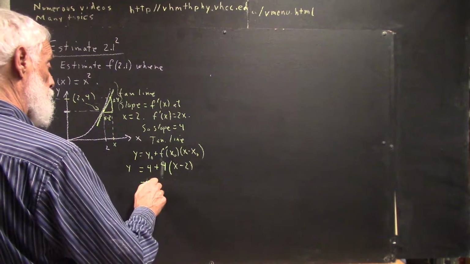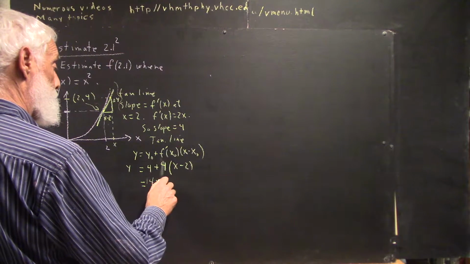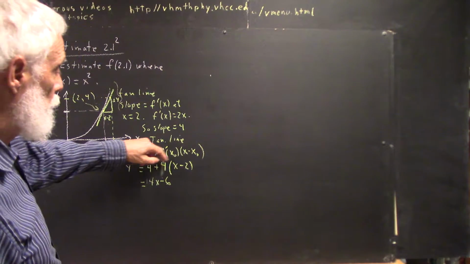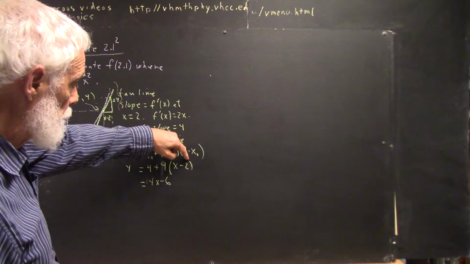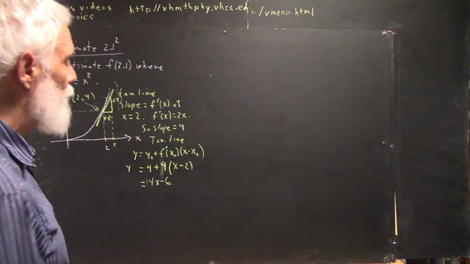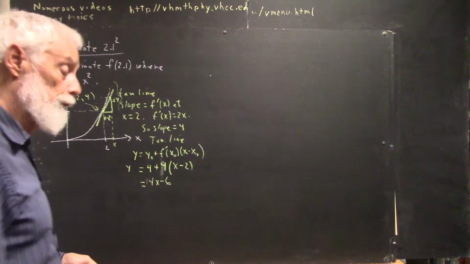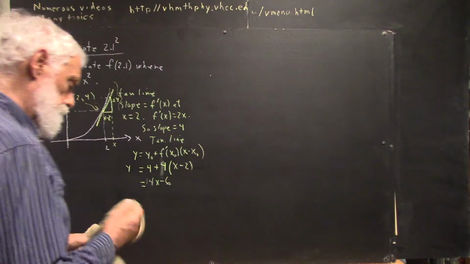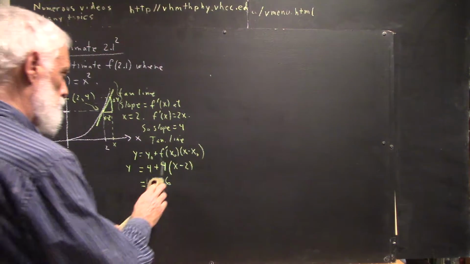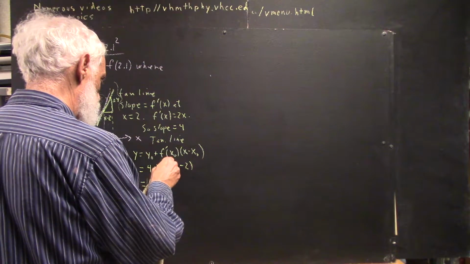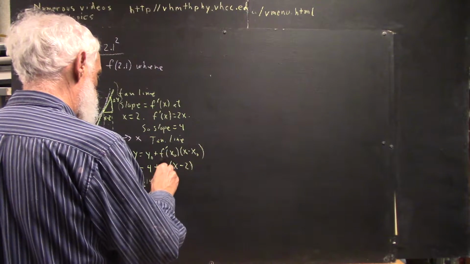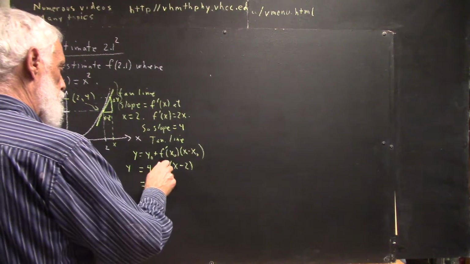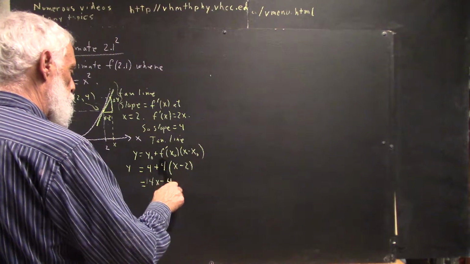And of course that could equal 4x minus 4. Because 4 times x gives you the 4x, 4 times negative 2 is negative 8, and we add 4 to negative 8 and we don't get negative 6, we get negative 4. So that is 4x, and that's minus 4.